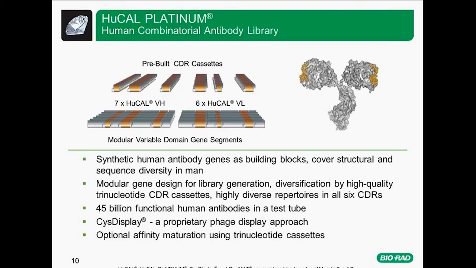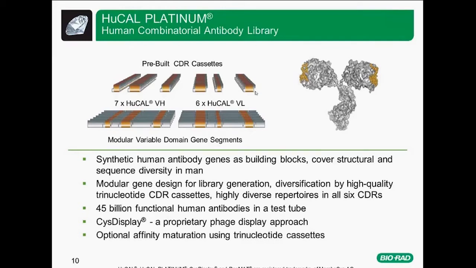It uses human antibody genes as building blocks, and these antibody genes cover the structural and sequence diversity of the human immune repertoire. We used a modular gene design for library generation. All the 6 CDRs are diversified with high quality trinucleotide CDR cassettes.